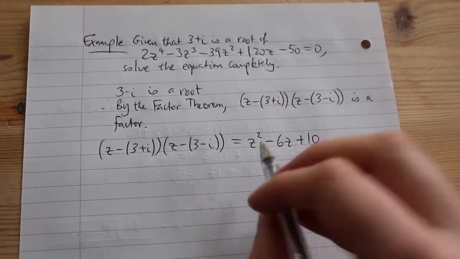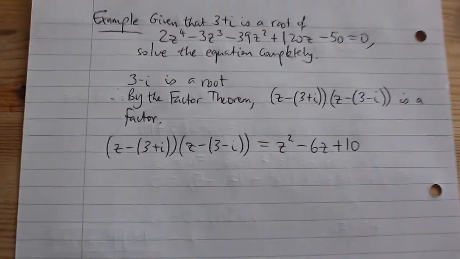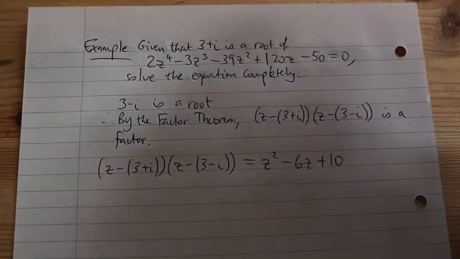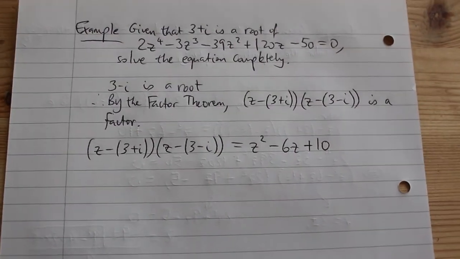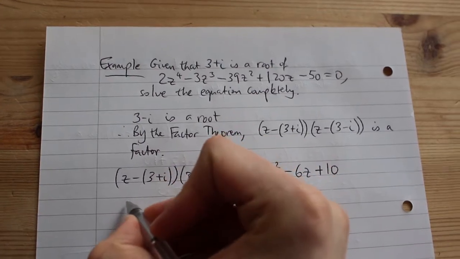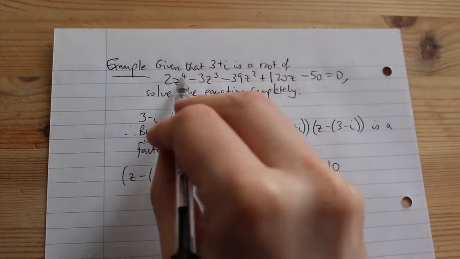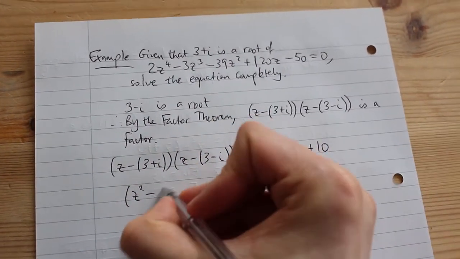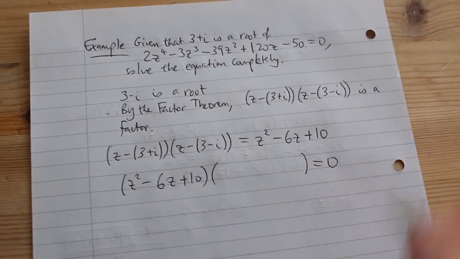So now we know this is a factor of this quartic, so there are a couple of different ways we could do it now. One way is to do long division, this quartic divided by this quadratic polynomial. A different way is to attempt to factorize, so that's what we'll do now. We try to write this quartic as the product of this with another quadratic factor.